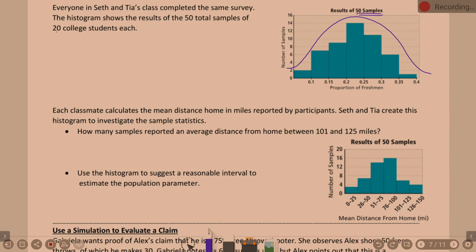Since it does follow that shape, it's going to look like an approximately normal distribution. Now, if you go back to our empirical rule of 68, 95, 99.7, most of our responses should fall in 95% of the data.